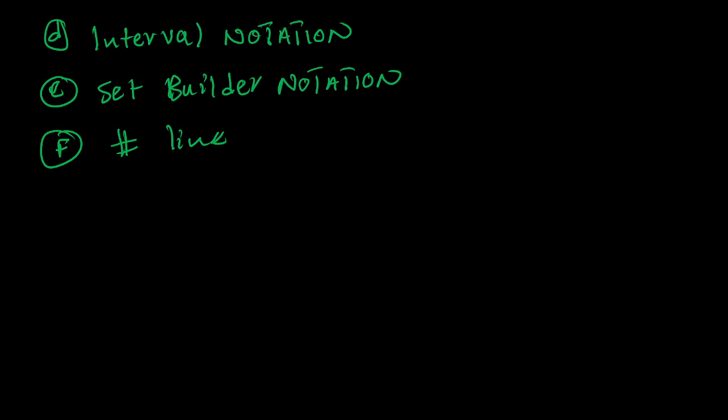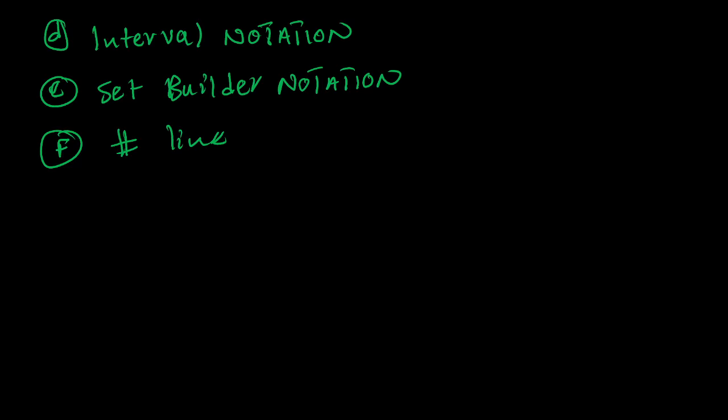The symbols that I use under interval notation, set builder notation, and number line, I'm going to teach not in the next class but after the next class, because the next class I'll be talking about the algebraic laws of sets, which is very important again.